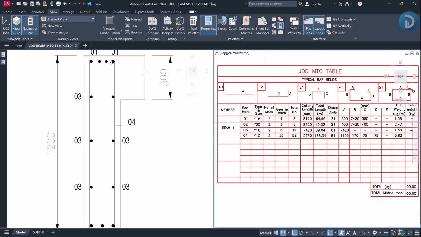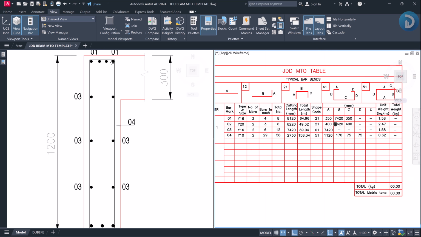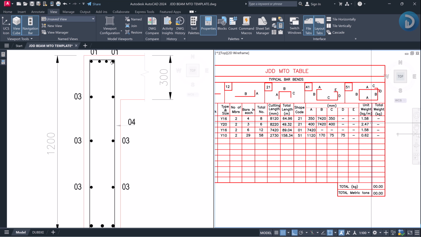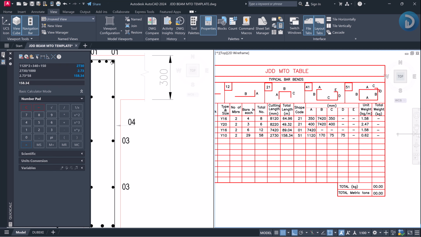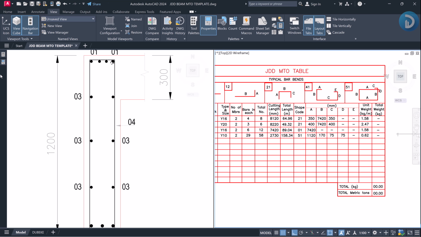So to get the total weight of that diameter 16 reinforcement having bar mark 01 and shape code 21, we just have to multiply this total length by the unit weight of this reinforcement, which is 1.58. So that will take us to this part here.